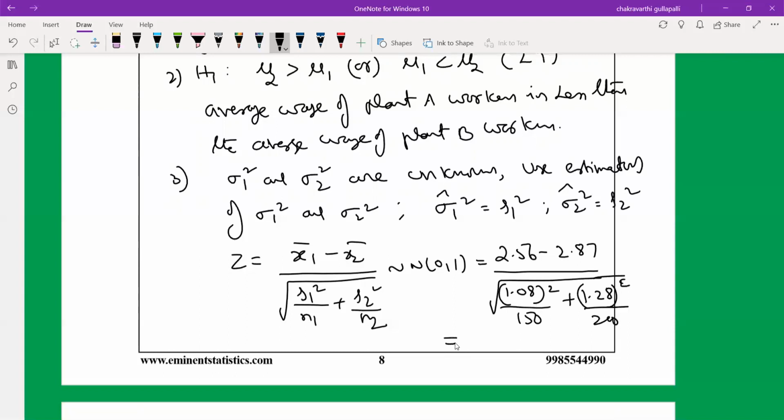The final result after simplification is minus 2.46.